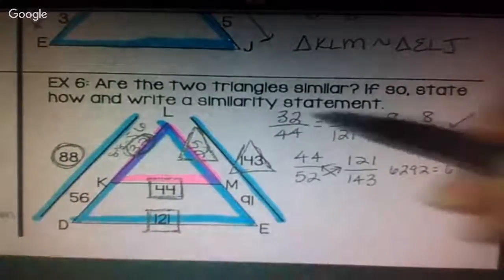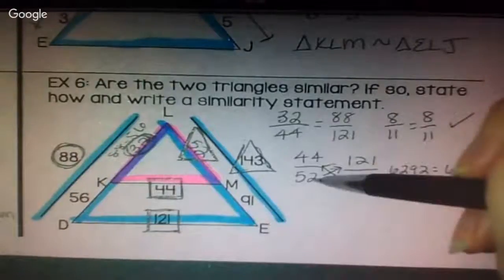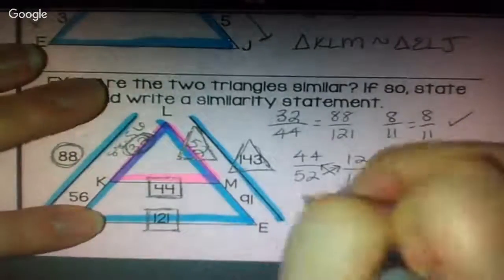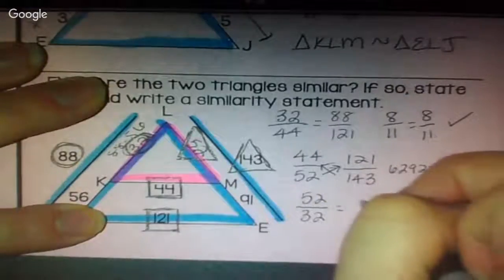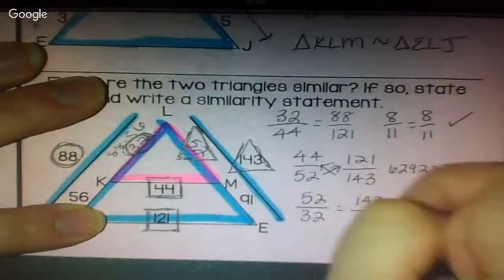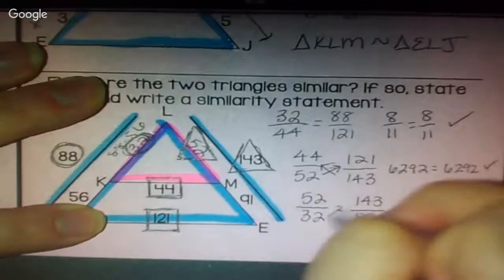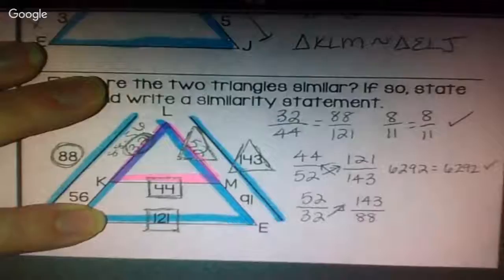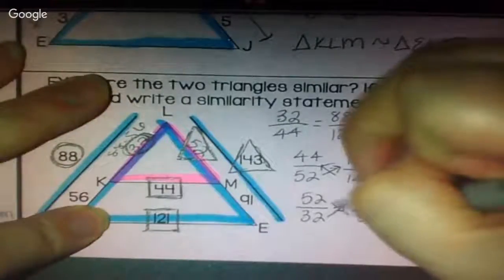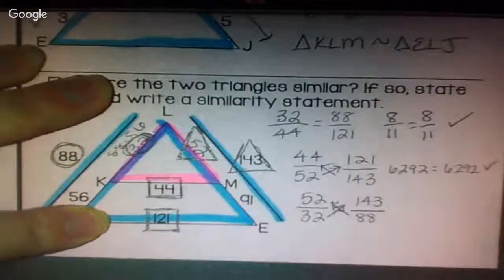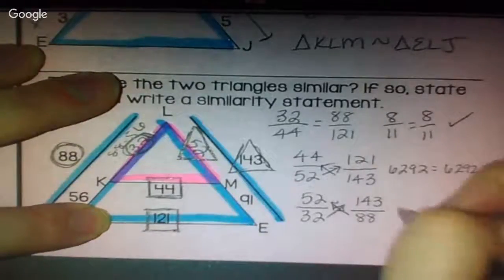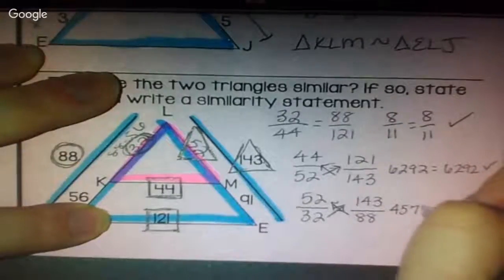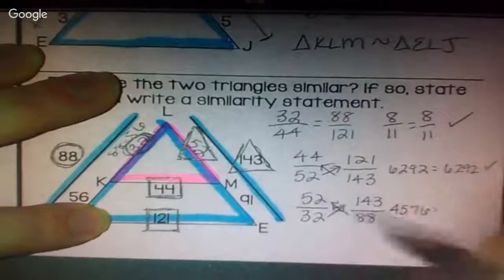Okay, so we did small, middle, middle, big. We've got to do big, small. So 52 and 32 and 143 and 88. So somebody do 32 times 143 and somebody else do 88 times 52. Is that the same for 52 and 88?